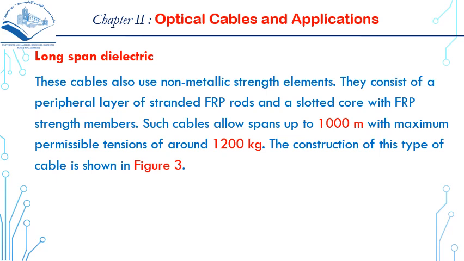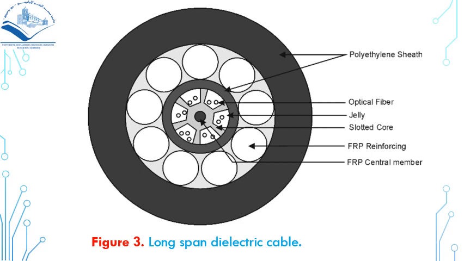Such cables allow spans up to 1,000 meters with maximum permissible tensions of around 1,200 kilograms. The construction of this type of cable is shown in Figure 3, the following figure. So herein we have a cross section of a long span dielectric cable.